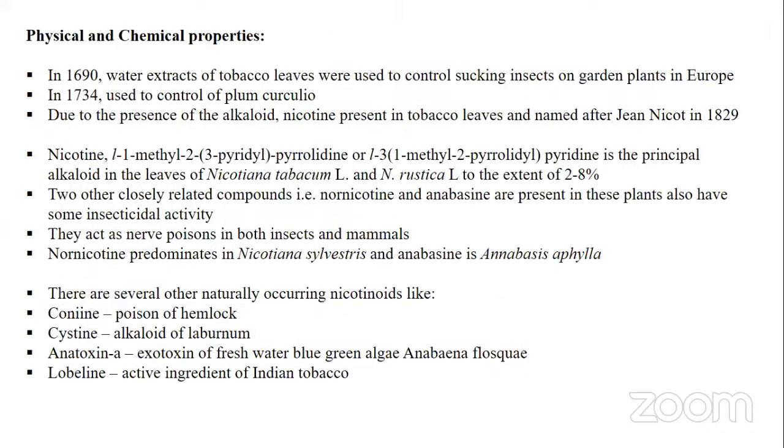Coming to the physical and chemical properties of nicotine. In 1690, water extracts of tobacco leaves were used to control certain insects on garden plants in Europe. In 1734, nicotine was used to control plum curculio due to the presence of the alkaloid nicotine in tobacco leaves, and named after Jean Nicot in 1829.